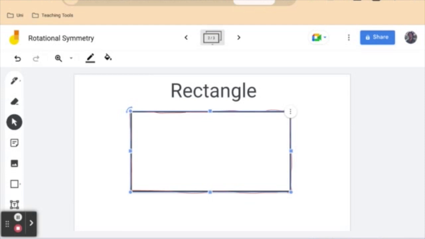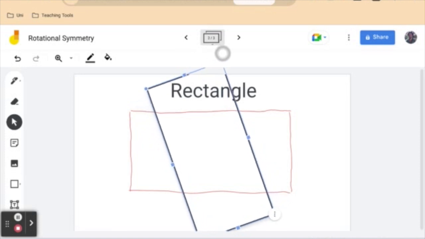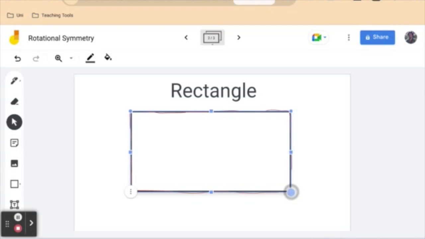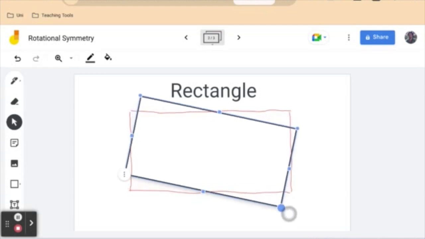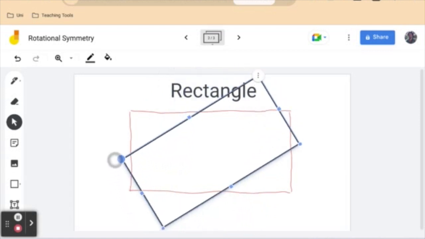So let's count how many times this rectangle reoccurs in a 360 degree spin. So you can see here it's clearly not the original shape. It's not the original shape until we get to here. So we have one of the original rectangles reoccurring. Now let's keep spinning. And still not the shape, still not the shape, still not the shape.